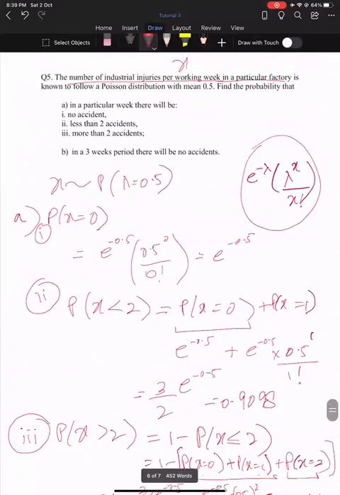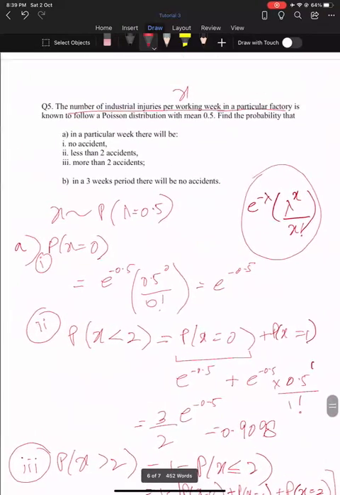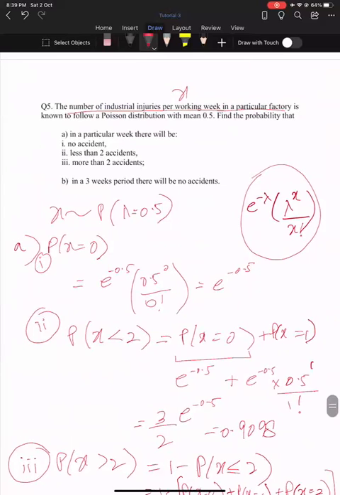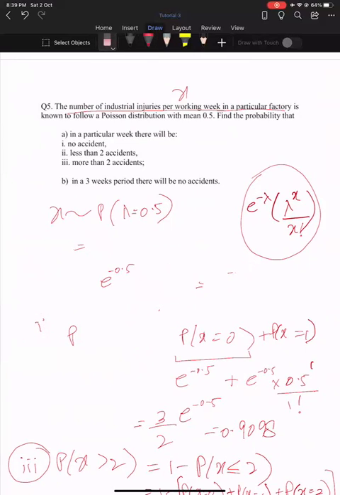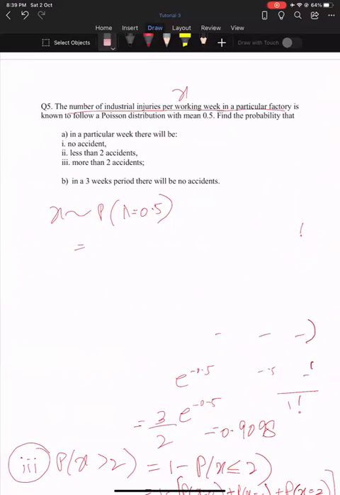For part B, we have to find the probability that in a 3 week period, there will be no accidents. The lambda given to us, 0.5, was for a week. Now it's 3 weeks, so we have to multiply lambda by 3 to get the lambda for 3 weeks.